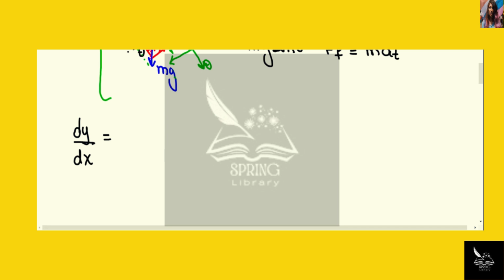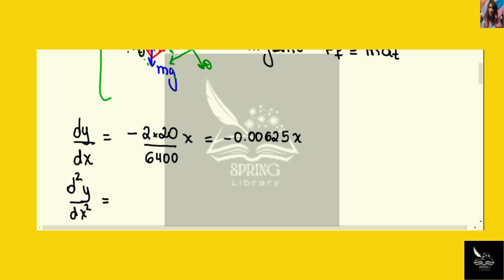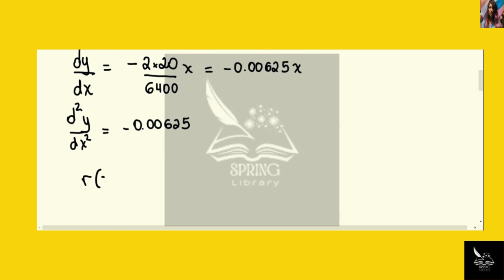So dy dx is equal to minus 2 times 20 divided by 6400 times x. So this is equal to minus 0.00625x, while d2y dx2 is equal to minus 0.00625. So we want to find r when x is equal to 80 meters.